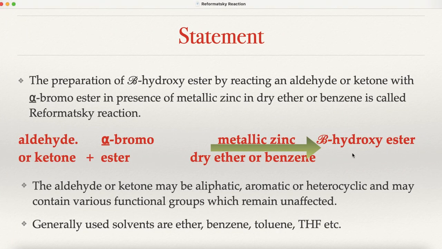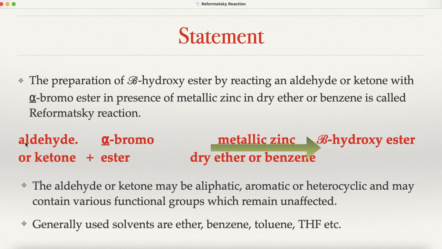The preparation of beta hydroxy ester by reacting an aldehyde or ketone with alpha bromoester in presence of metallic zinc in dry ether or benzene is called the Reformatsky reaction. In a Reformatsky reaction, the substrate is the carbonyl compound.